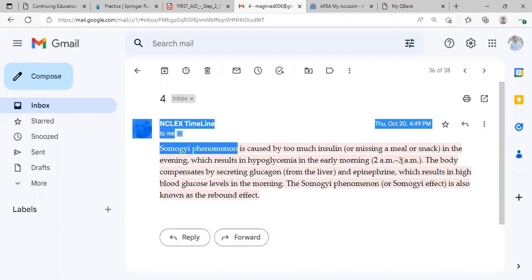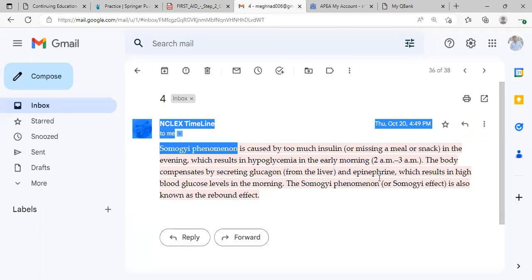So if a patient has this problem, what could we do? It is good to test the blood sugar in the early morning, like 3 a.m. or 2 a.m. The body compensates by secreting glucagon from the liver and epinephrine.